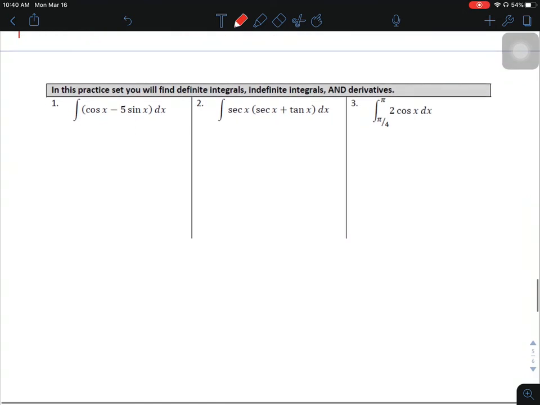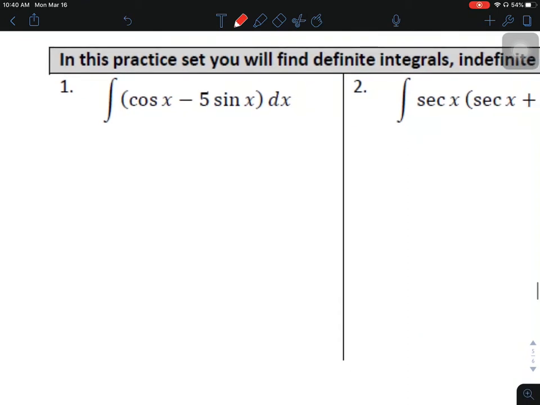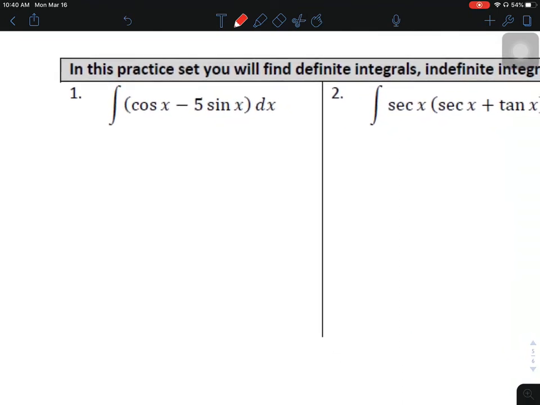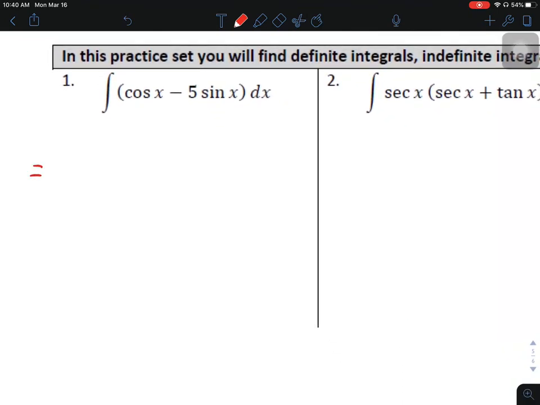On the flip side here, page 2, if you will, got some integration to do. These are separate terms, just integrate them separately. Integrating cosine of x is sine of x. Integrating sine of x is negative cosine of x. A negative times a negative is a positive, plus your arbitrary constant.